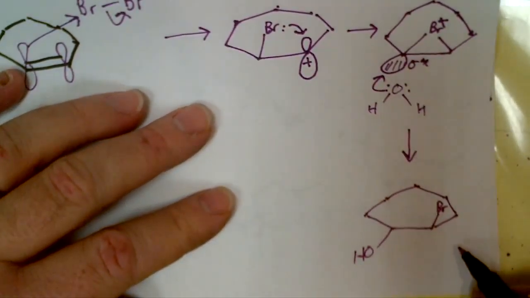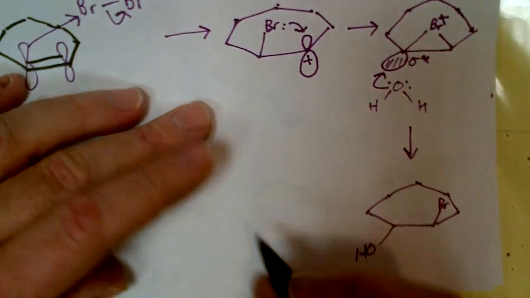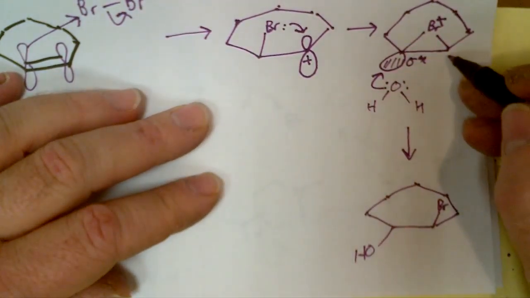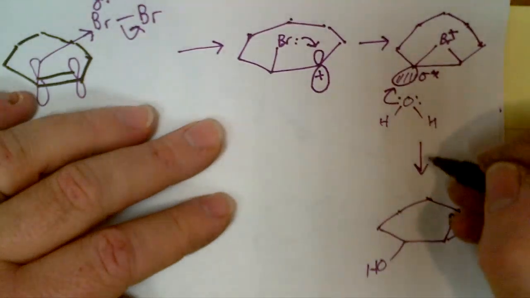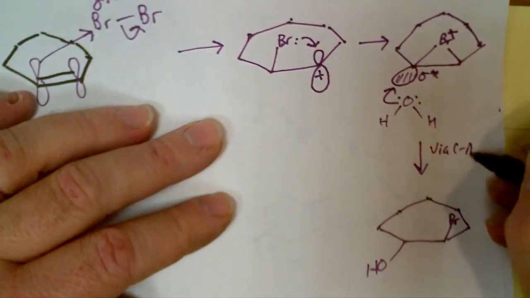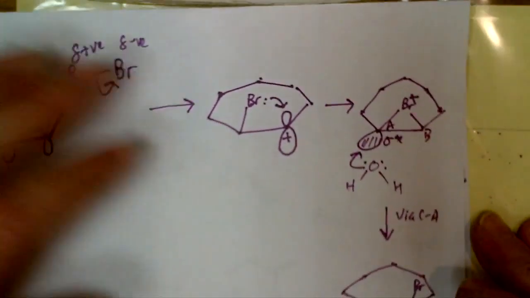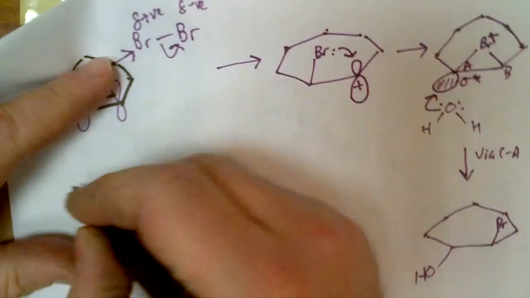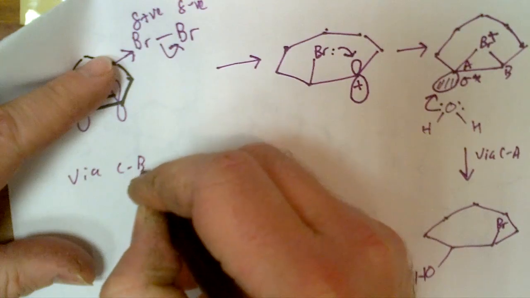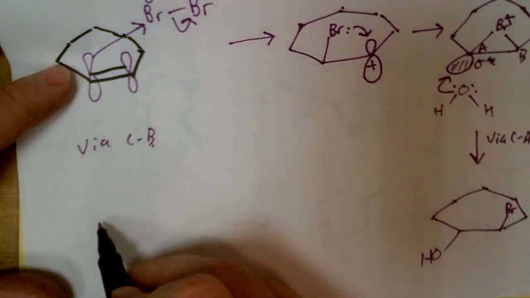So that's one isomer form of the system, and then again, if we attack via carbon B, so we'll point this at A and this is out at B, so we'll say via carbon B is the nucleophilic attack.